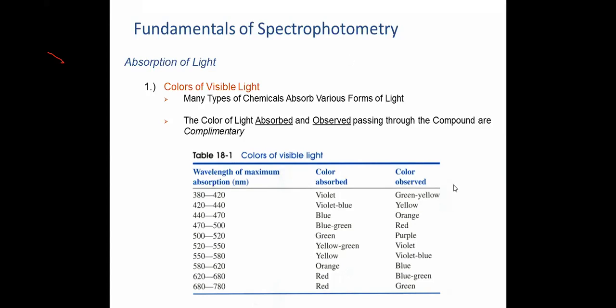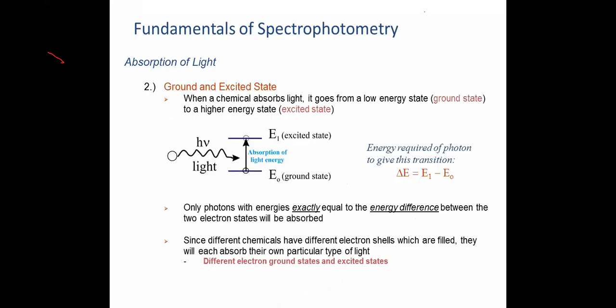So selection of the proper wavelength region is by using the color observed, or you may select it by using its wavelength. So now it is again very clear to you that the ground state and the excited state, how much the energy is absorbed.